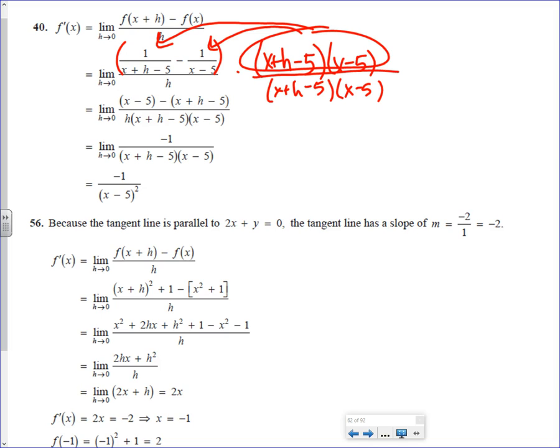Pause. If you used the power rule on number 40, even though it might have worked okay this time, it will not always work without considering something extra. So please be careful. You don't know as much as maybe you think you might.